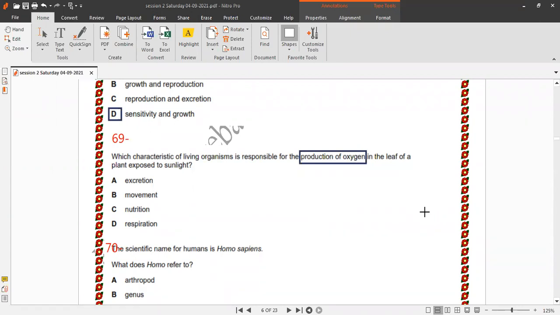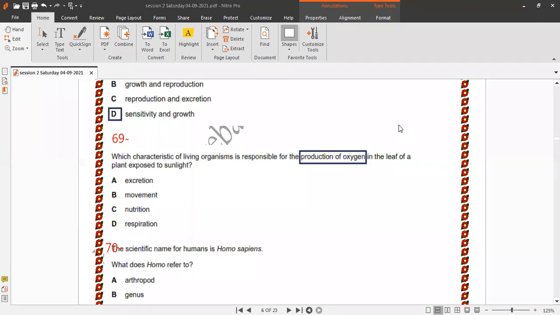Excretion is to get rid of what? Waste material. Here the oxygen is a waste material for the plant in the photosynthesis process. Or nutrition, because here plants use raw materials and produce oxygen. It's not in the question that the plants use raw materials, so here it's excretion.